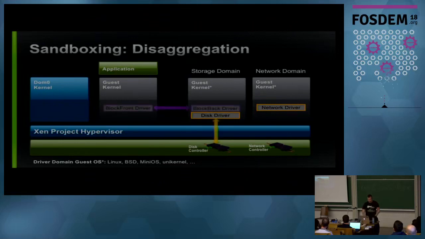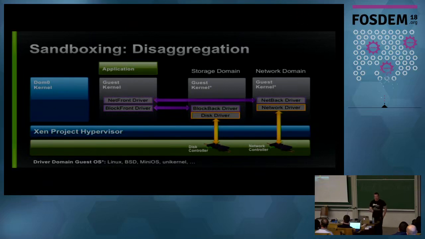Dom0 connects the topology, and your application will talk to the back end, which will talk to the front end, which will talk to the back end in the storage domain, which will talk to the real disk driver, and it would then talk to the controller. The same can be done for network, and fundamentally, the same can be done for pretty much any I/O.